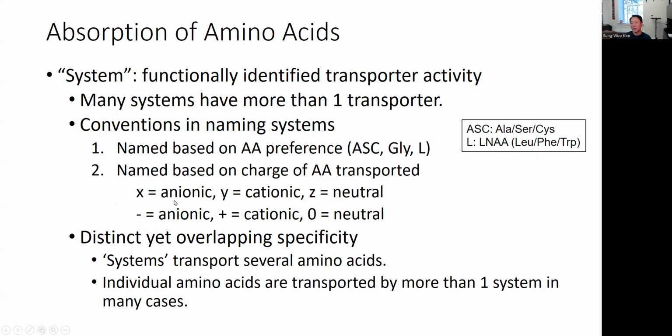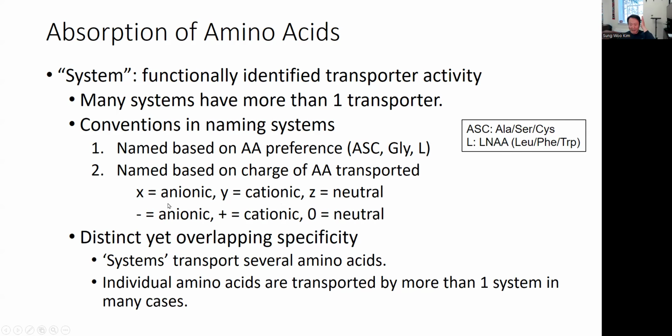When you see the X letter together with the name of a system, typically those are systems responsible for anionic amino acids. If you see Y, those are systems responsible for cationic amino acids, and Z is neutral. Same for negative, minus is anionic, positive is cationic, and zero is neutral.